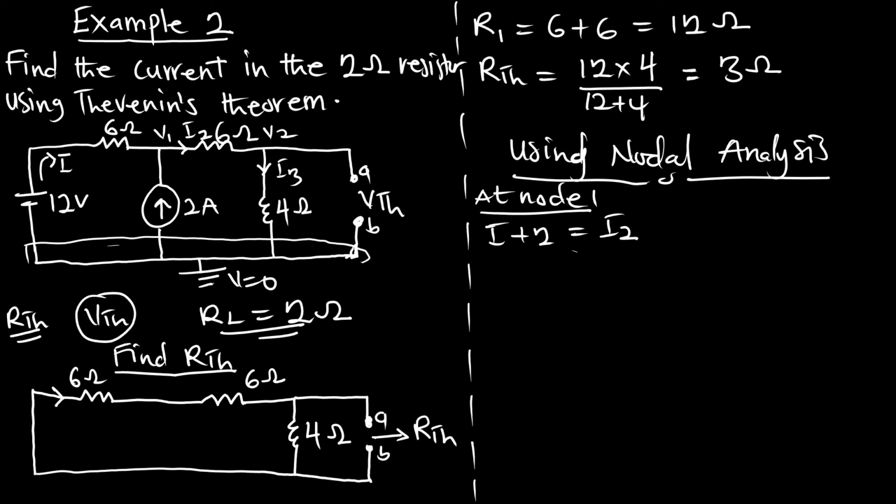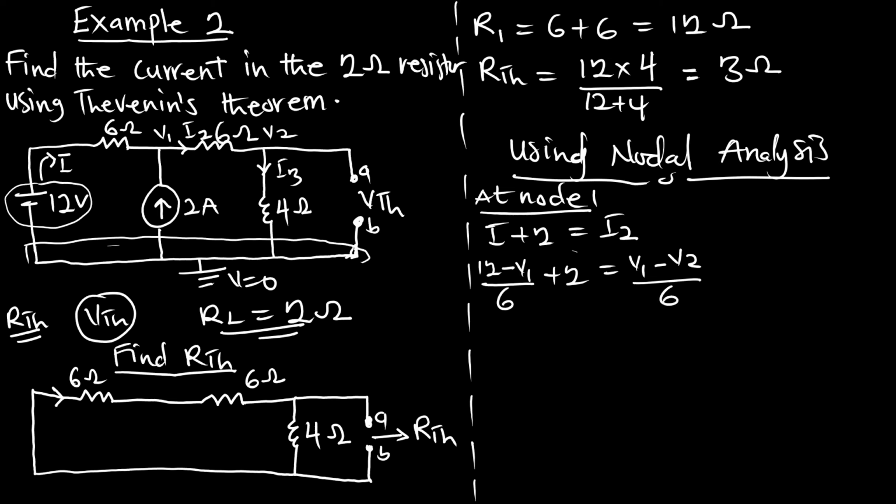we are going to see that this current is moving from the 12 volts to V1. So that is going to give us from the 12 volts to V1, and it is passing through the 6 ohm resistor, plus 2 is equal to I2, which is also moving from V1 to V2 through the 6 ohm resistor.